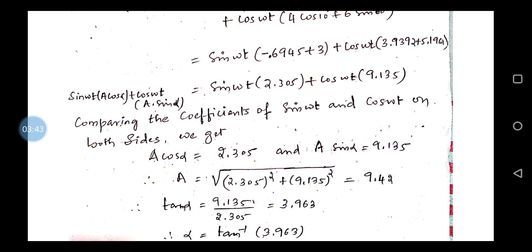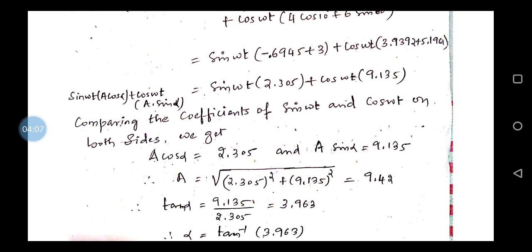Now comparing the coefficients of sin omega t and cos omega t on LHS and RHS, we get A cos alpha is equal to 2.305 and A sin alpha is equal to 9.135. I have taken the coefficients of sin omega t on LHS and RHS and the coefficients of cos omega t on LHS and RHS.